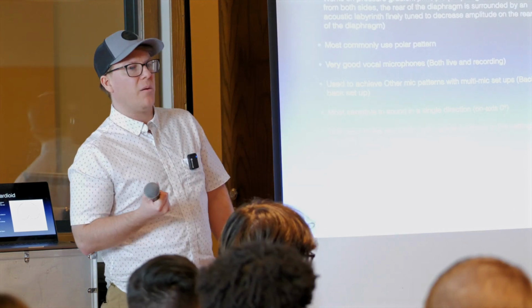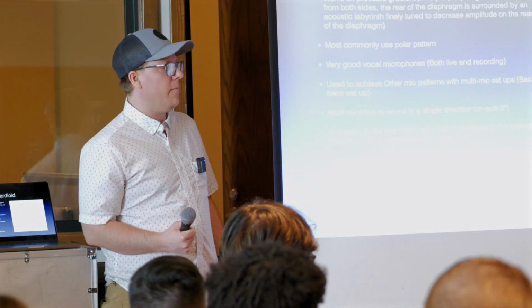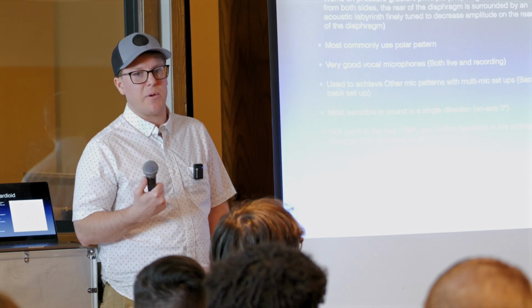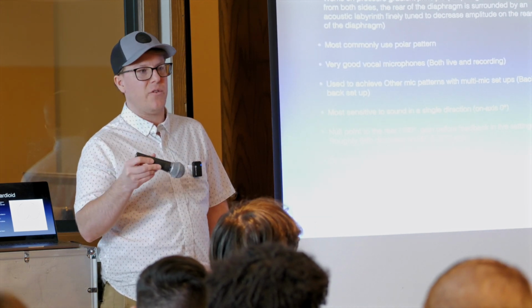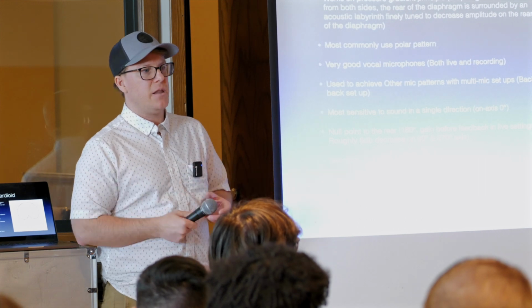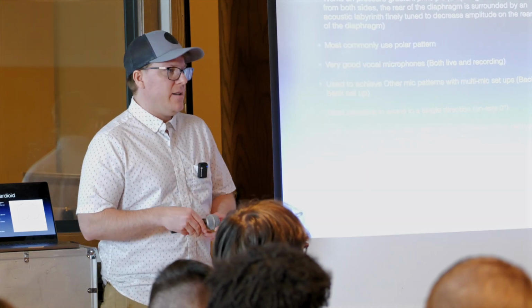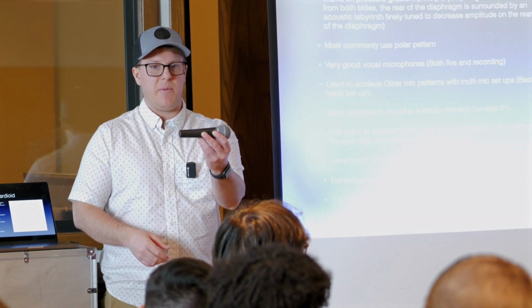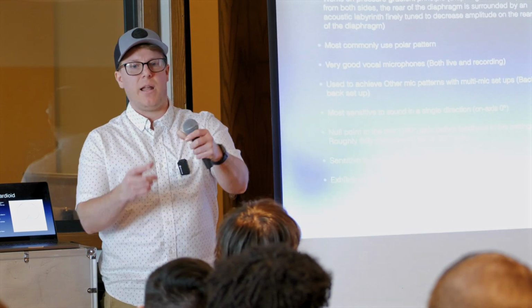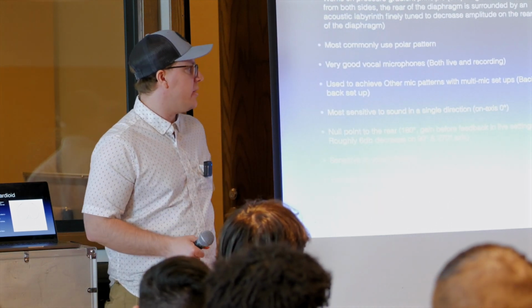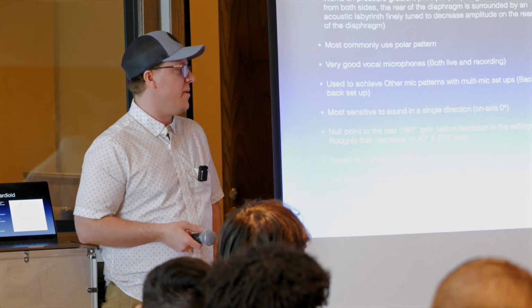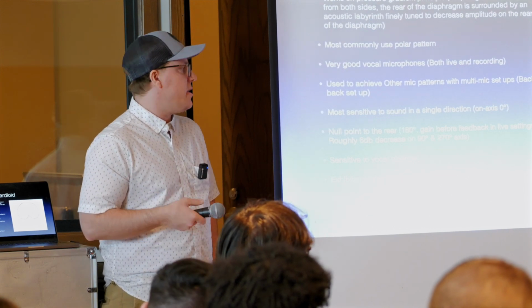If you're working on a budget in the studio, and you can only afford dynamic microphones, you can use multiple dynamic microphone placements to achieve different polar patterns. You set one dynamic like this and you set one dynamic like that, you're achieving that figure 8 polar pattern. So there are tricks you can use just with these microphones to achieve the same thing.